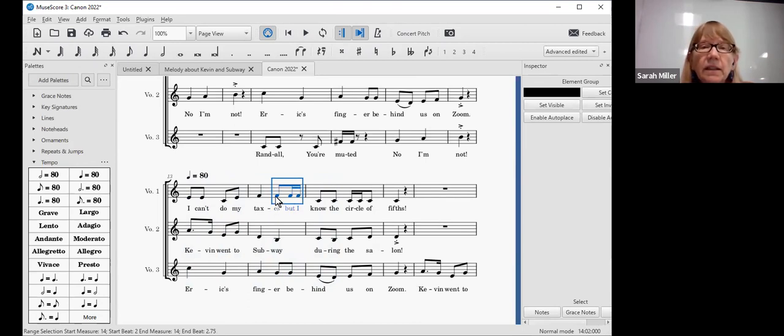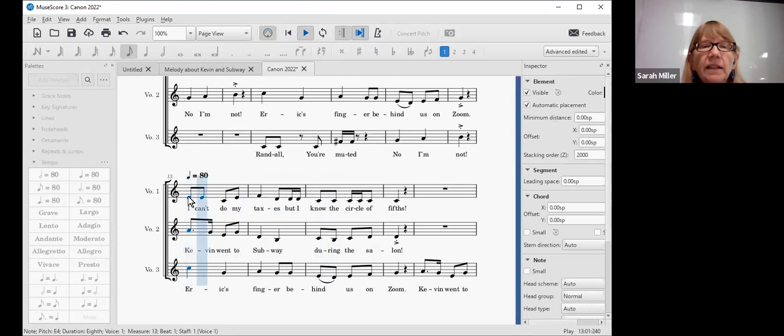Yeah. We want to try everything and vote. We could do D, GBD. It's the fifth of the chord.